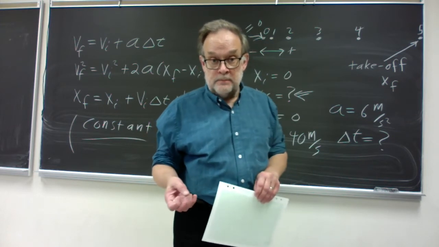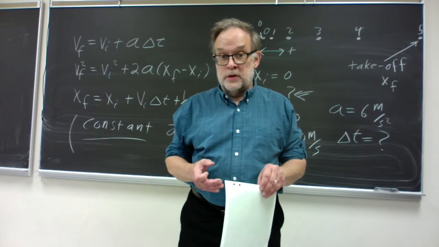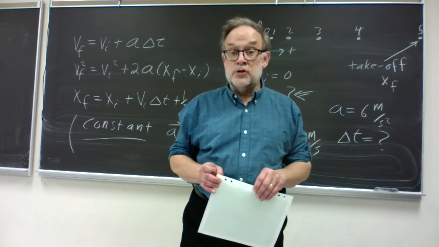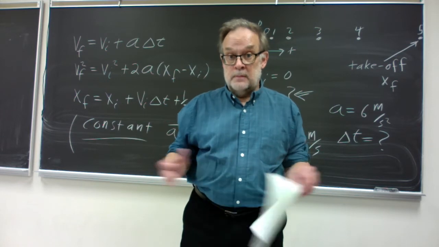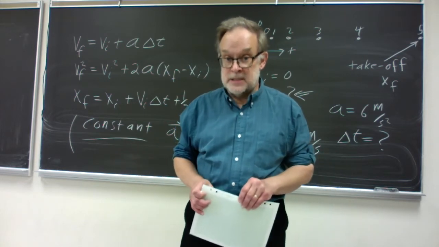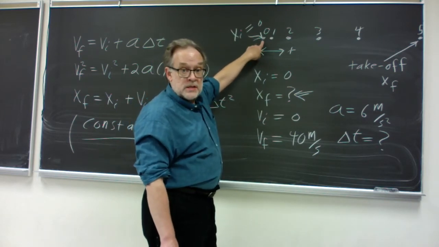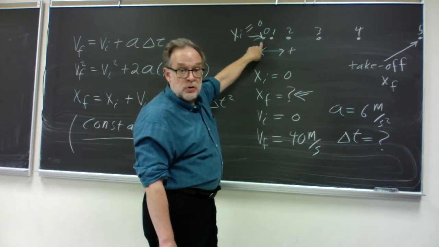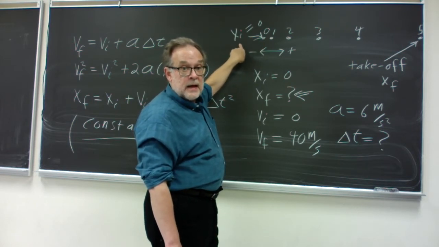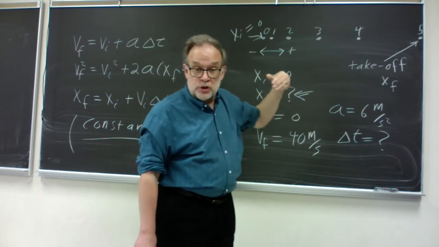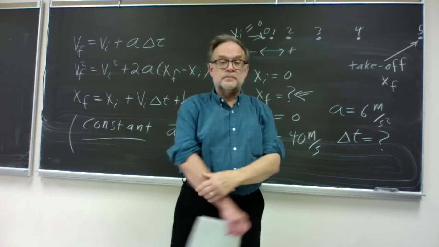Usually we put the origin, x equals 0, at the point where the interesting behavior, the accelerated motion, starts. So if the plane is starting from rest right here, this is 0, the origin of the coordinate system, and it's xi, the location at the moment when the accelerated motion started.